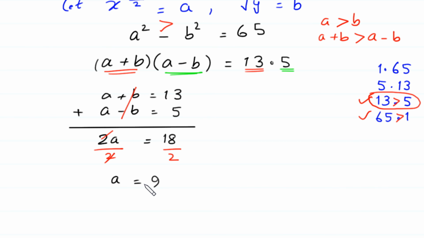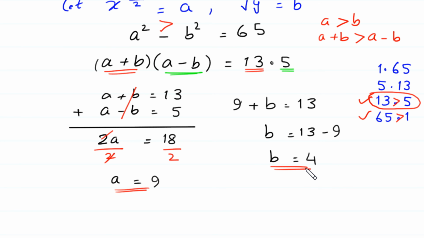If we put this value of a, 9, in this equation, we can find the value of b. 9 plus b is equal to 13, and b is equal to 13 minus 9, and b is equal to 4. So in this case, the value of a is 9 and the value of b is 4.